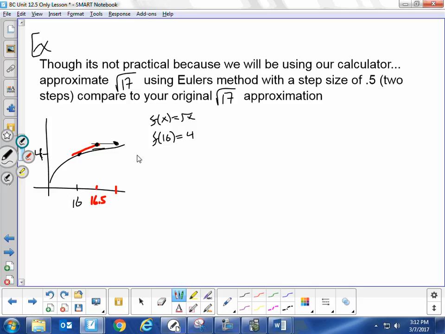Okay, so we're just going to go one step at a time. We are going to use the point 16, 4, my x, y, and the fact that f prime was equal to 1 over 2 root x.